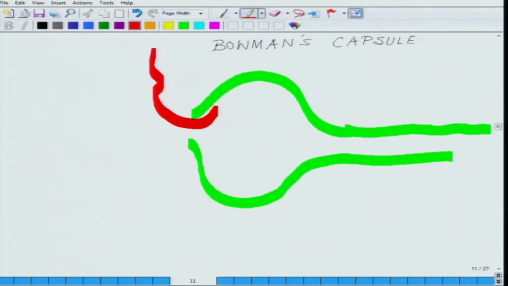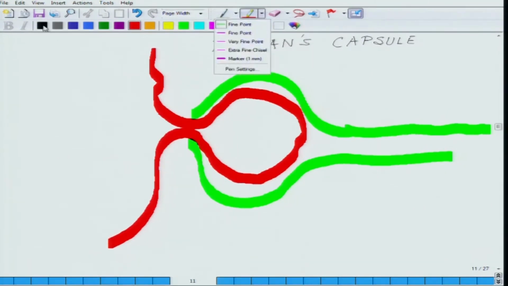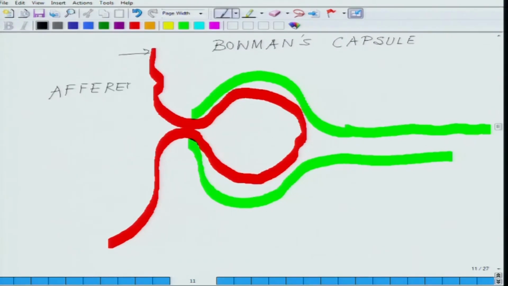They are entering like this, and there is a lot of networking of the blood vessel. Then they come out like this. So this is your arterial blood entering, or the afferent arteriole. This is the arterial blood.